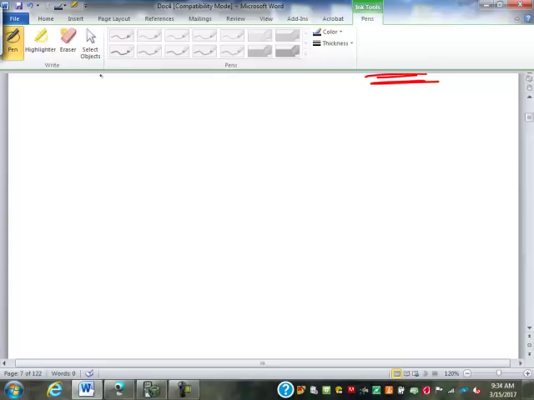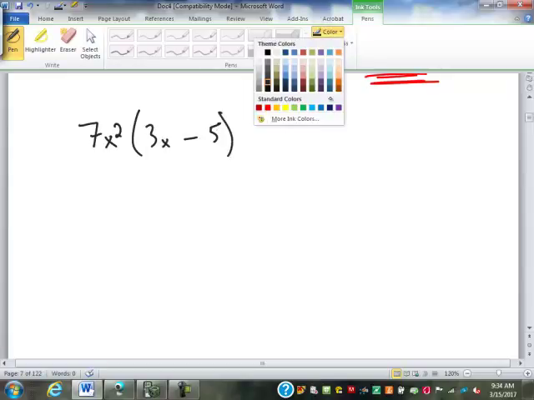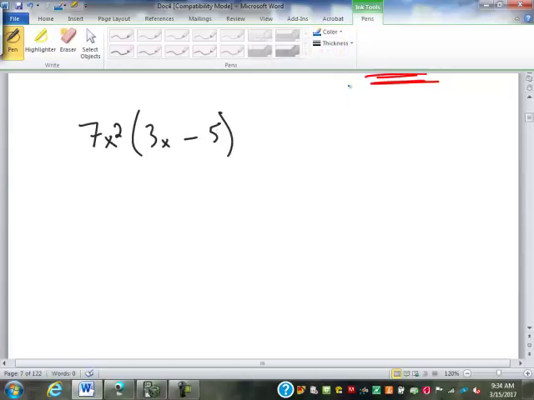Okay, so one of the other things that we did on Monday was we looked at something like this. And what did we do with that? We called it distributing, and we're just multiplying it through. 7x squared times the 3x made 21x squared.